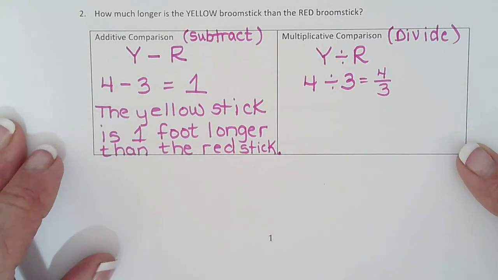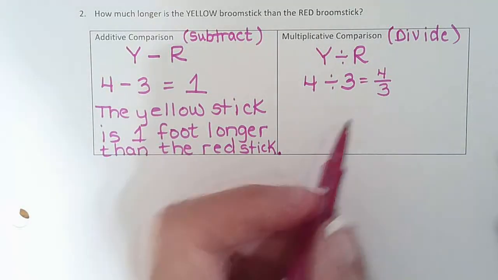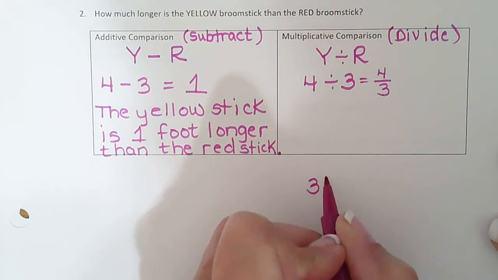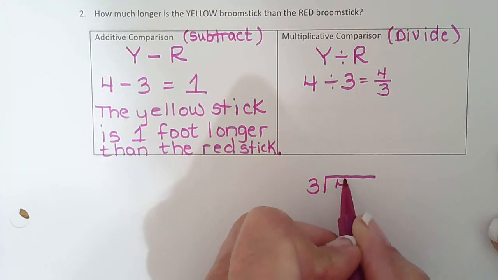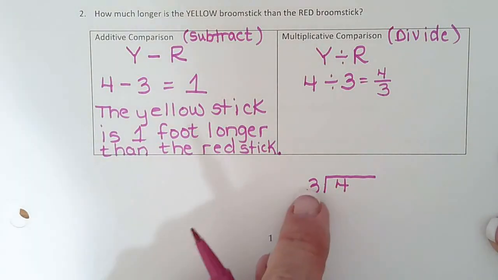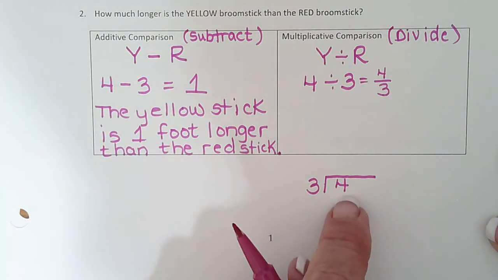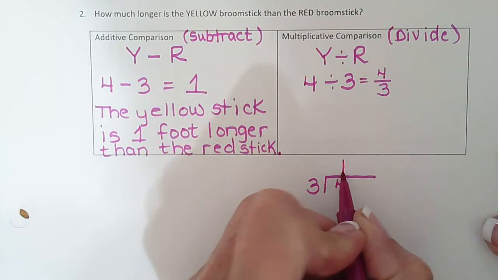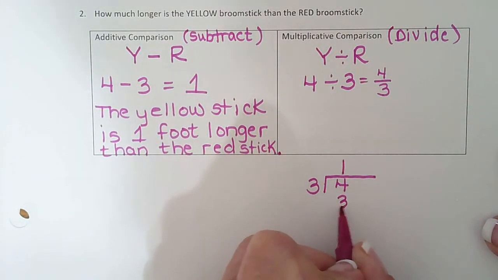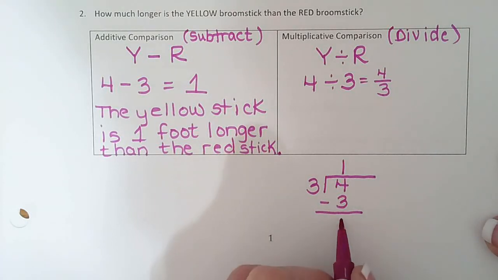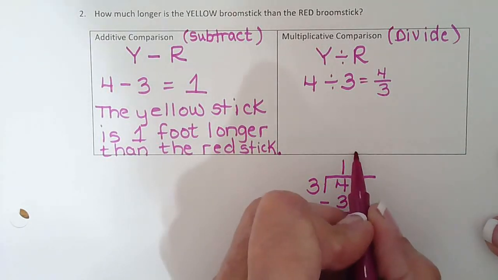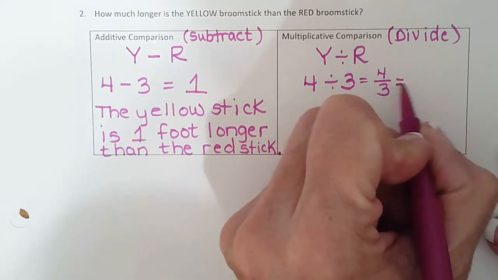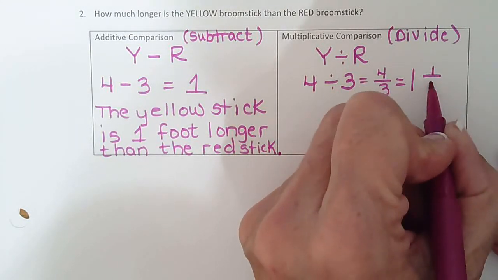And usually we like to have the number as a mixed number. So let's use our techniques that we learned in Module 2 to change that. So 3 goes on the outside, 4 goes underneath this division sign. Remember, 3 is called the divisor, 4 is the dividend. 3 goes into 4 once. 1 times 3 is 3. Subtract. The remainder is 1 over the divisor 3. So this is 1 1/3.